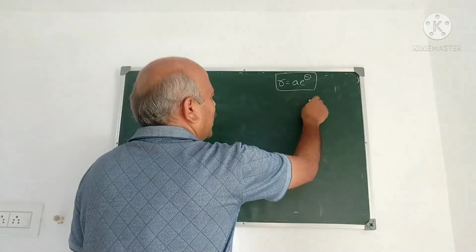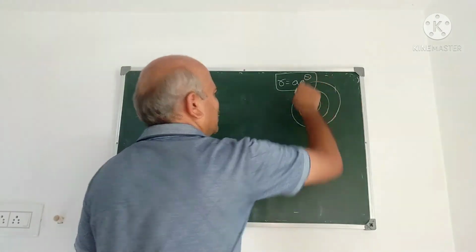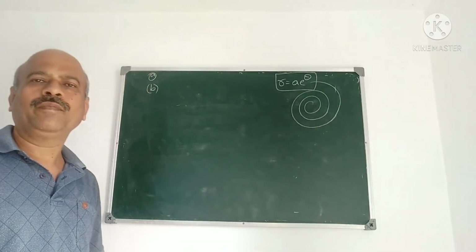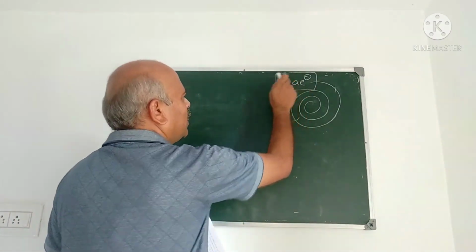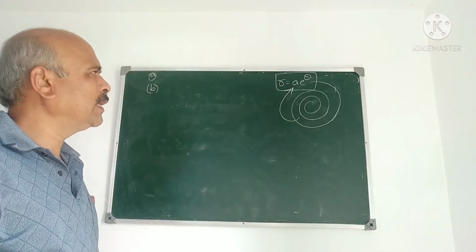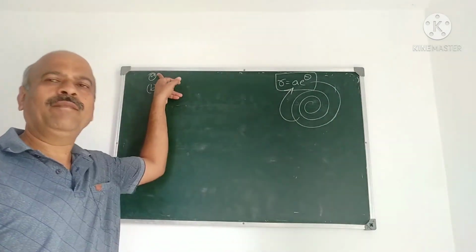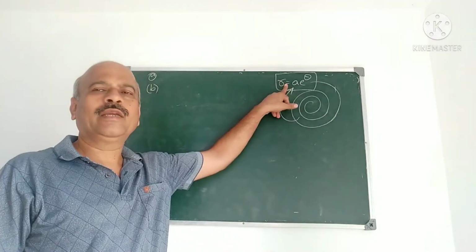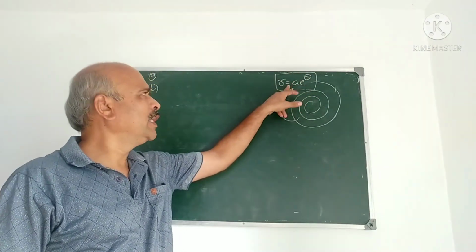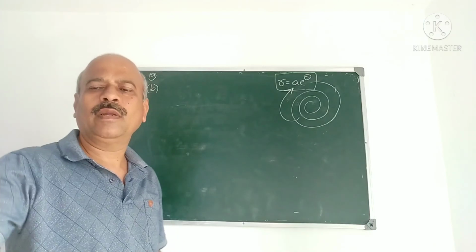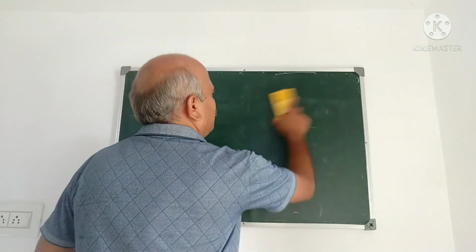But here we prove that the equation of the curve will be this. If the particle moves under that condition, we get the equation of the curve as r equals a raised to theta form. Therefore it represents an equiangular spiral.